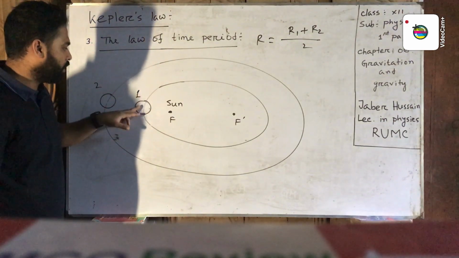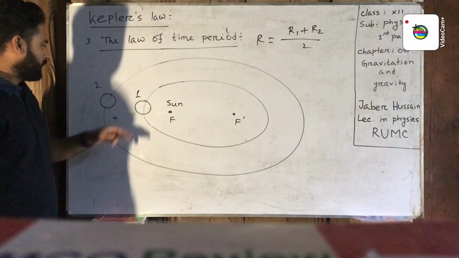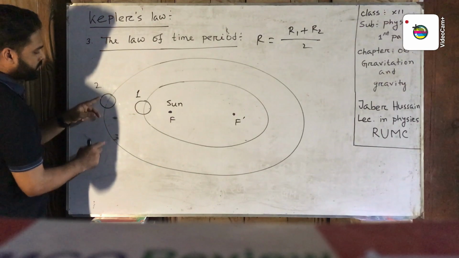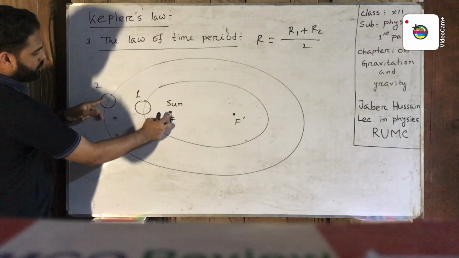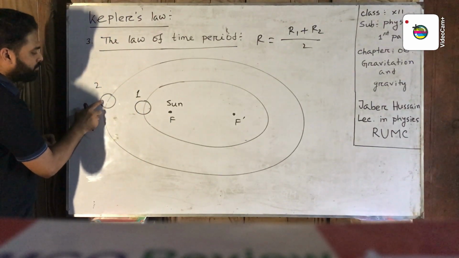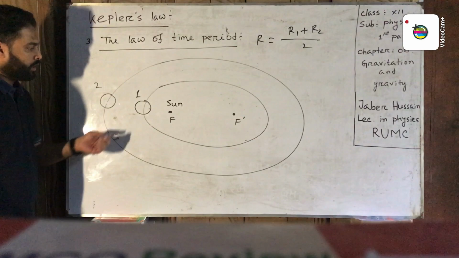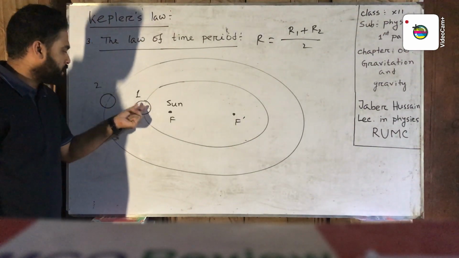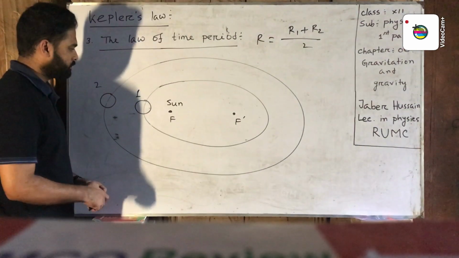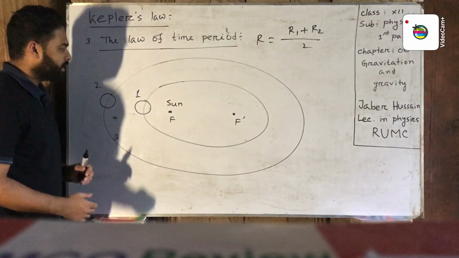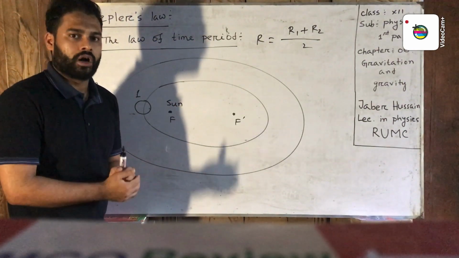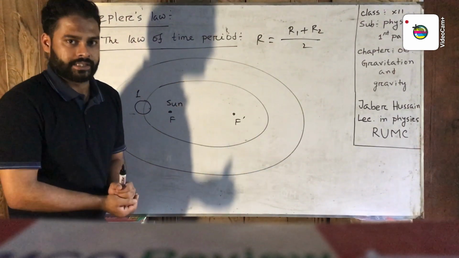For the second planet, the average distance between planet and sun will be greater. For this reason, the time period of planet 2 will be greater. If the average distance between planet and sun increases, the time period increases.